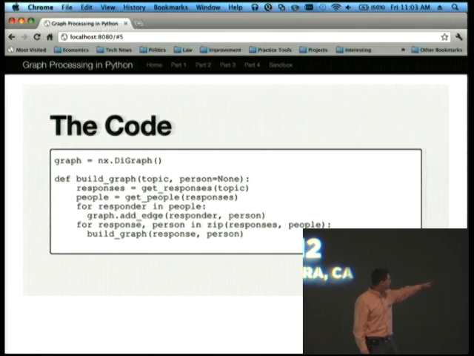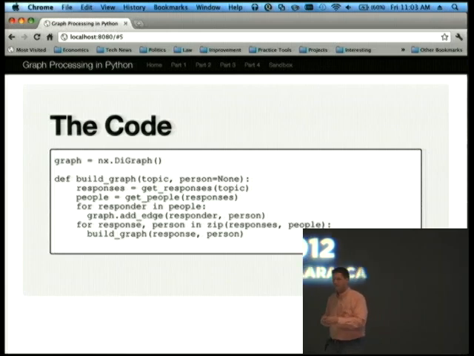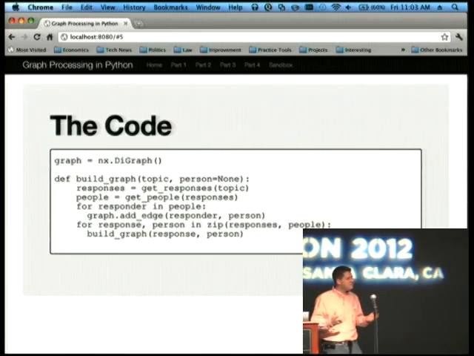Then for each responder, I added an edge back saying this person responded to the original person. And then I did it recursively all the way down for every topic over 2011. So that gets me my graph.